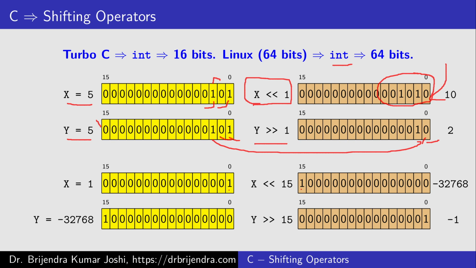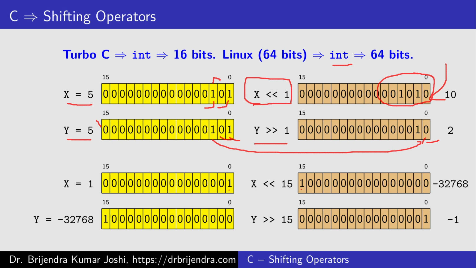So it should now convert this x equal to 1 into minus 32,768, because this is the 2's complement representation of this number. So it is not guaranteed what would happen if you are using a 16-bit compiler under a 32-bit machine across the platforms. It depends on the implementation.